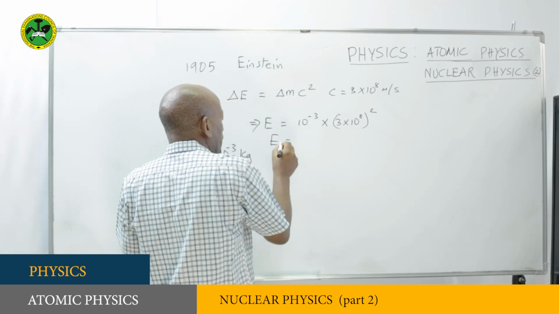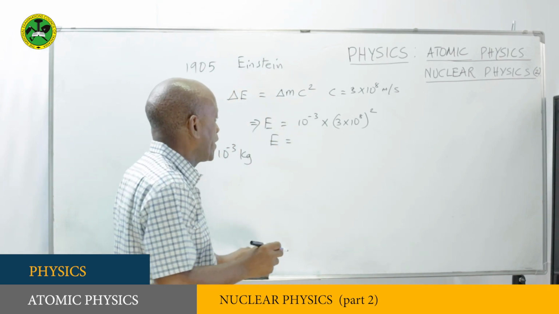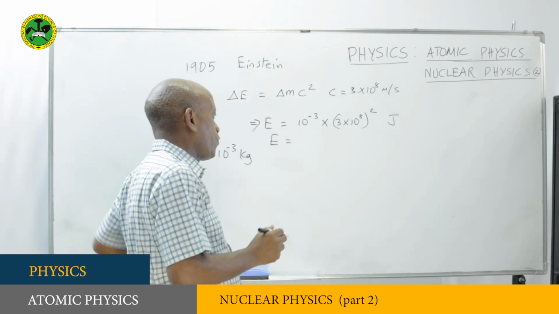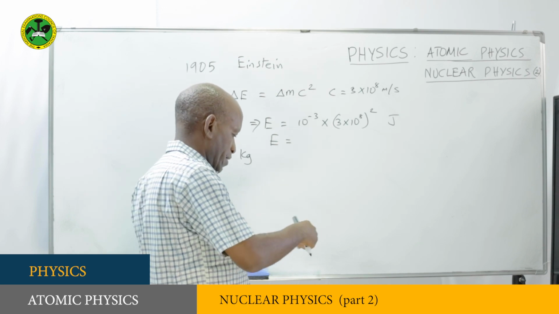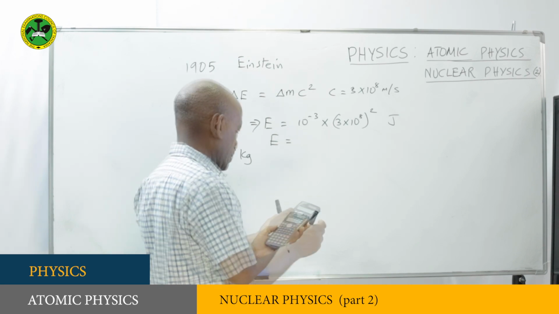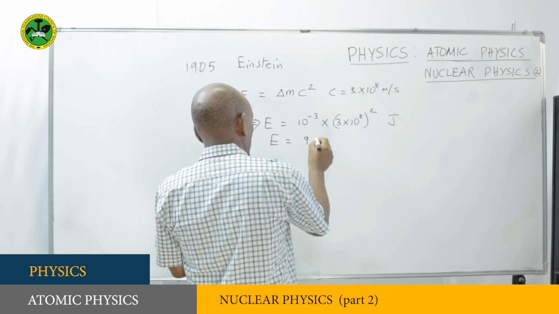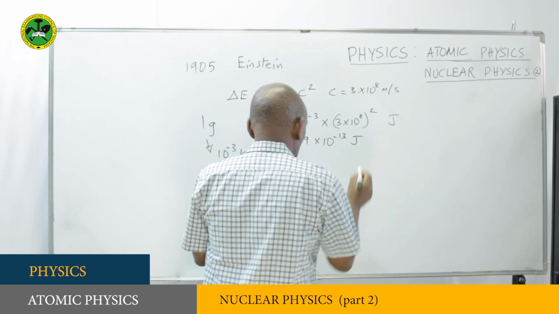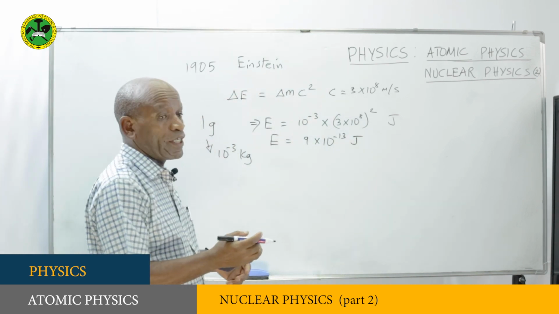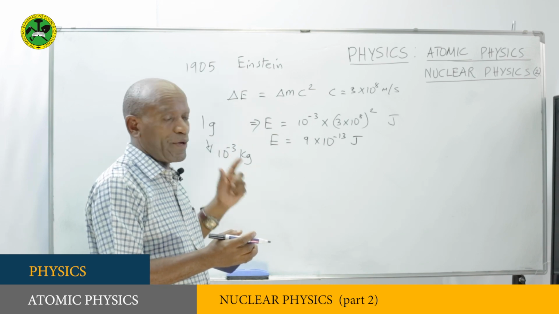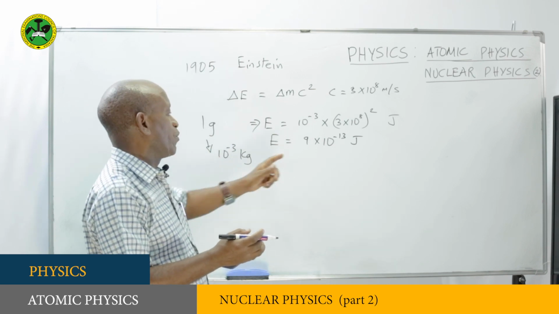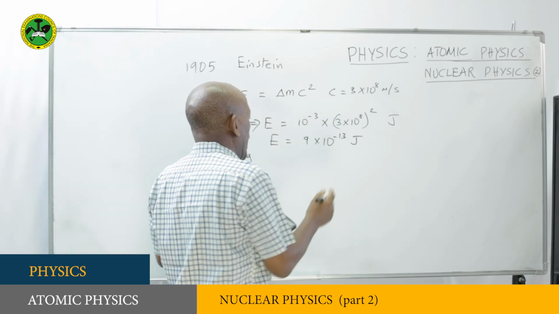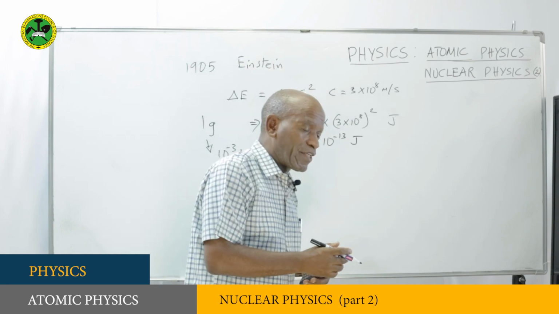We can get that energy in terms of joules, which is 9 times 10 power 13 joules. So the energy created due to a change of mass of a gram will be equal to this much. And this is what Einstein did.